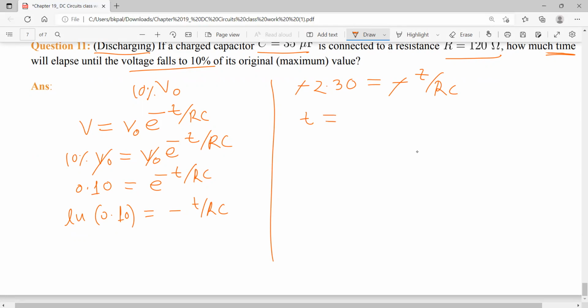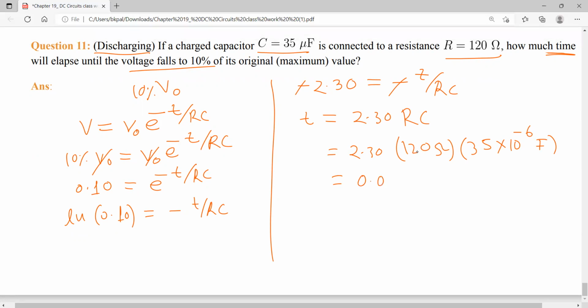So t is equal to 2.30 times RC. R here is 120 ohm and C is 35 microfarad. Micro means 10 to the power minus 6 farad. If you multiply all of them together, the time it requires is 0.0097 second. All right, so that's it for this chapter.